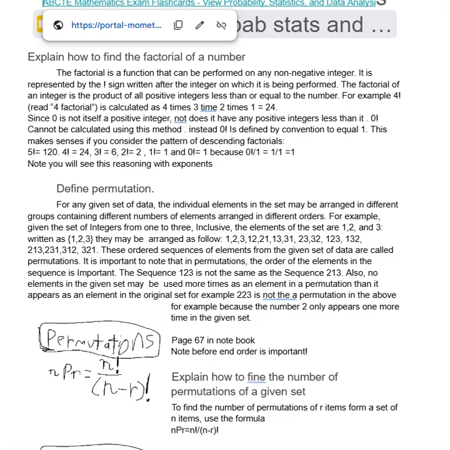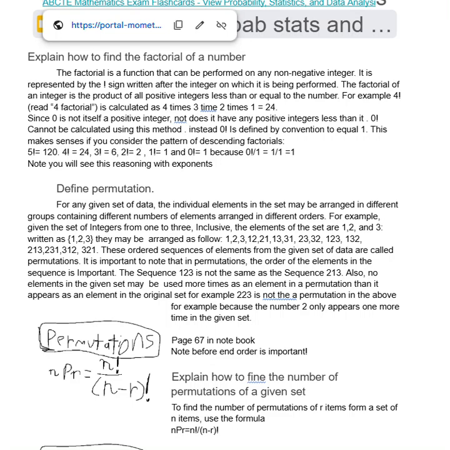For example, given the set of integers from 1 to 3, including the elements 1, 2, and 3, they may be arranged as follows: 1, 2, 3, 12, 21, 13, 31, 23, 32, 123, 132, 213, 231, 312, 321. These ordered sequences of elements from the given set of data are called permutations.